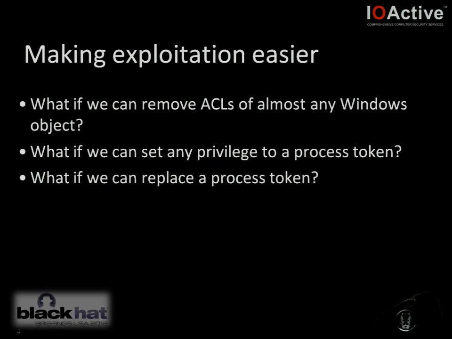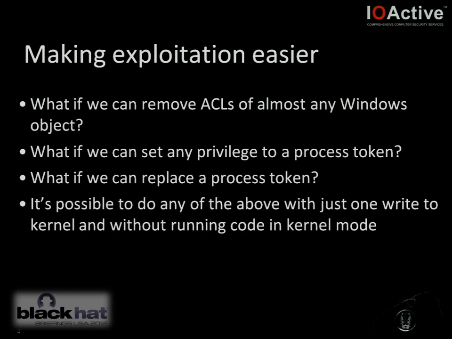If I can find a really privileged token and then put it in my exploit, I will be able to elevate privileges with just one write. During this research, I found out that it's possible to do all of this with just one write to the kernel and without having to run code in the kernel, which I think is nice.